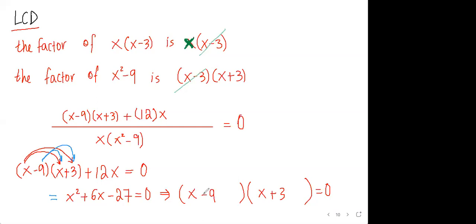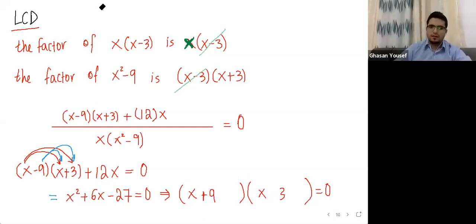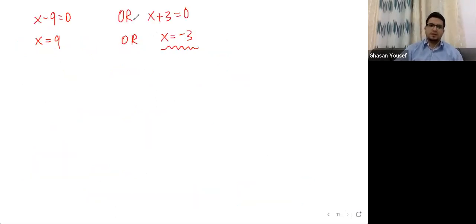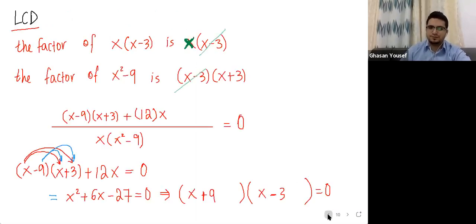Hold on, here is positive, here negative, sorry. This is not correct. Why? Because 9 times minus 3 is minus 27 and the sum is positive 6.